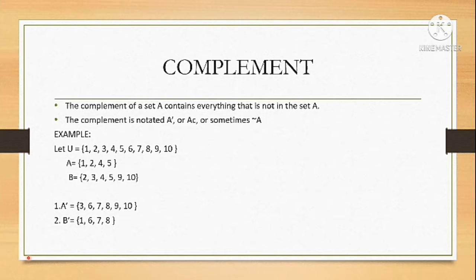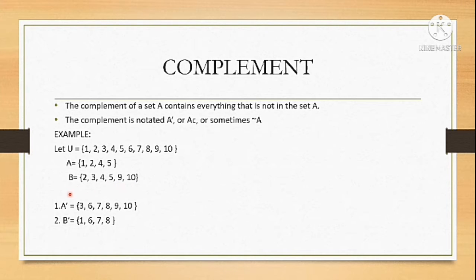Complement. The complement of a set A contains everything that is not in the set A. The complement is notated like this or sometimes like this. Example, the universal set elements are 1, 2, 3, 4, 5, 6, 7, 8, 9, and 10. Let A be 1, 2, 4, 5, and B be the elements 2, 3, 4, 5, 9, 10.